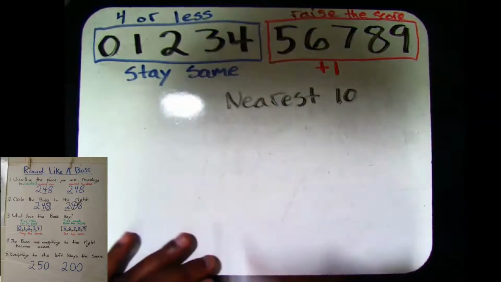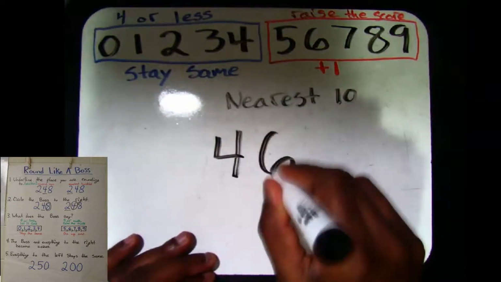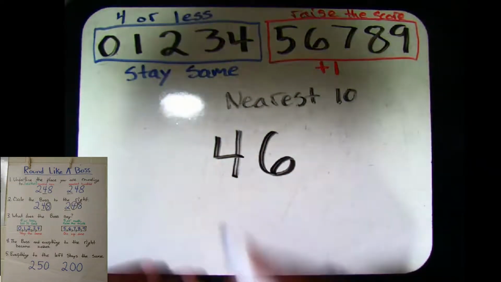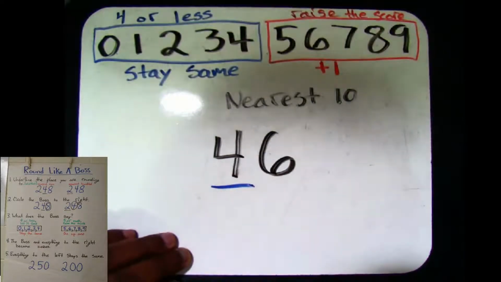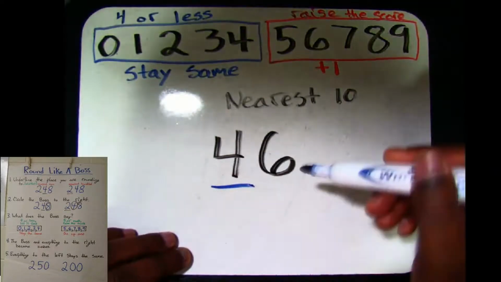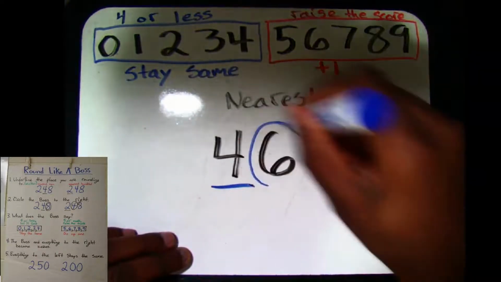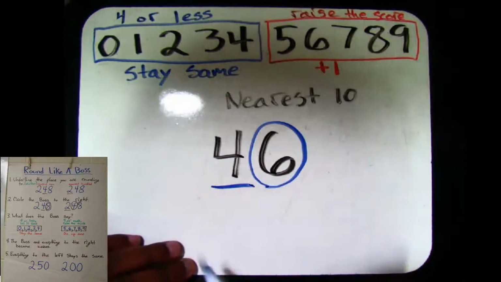So the first number that we're going to round is 46. When we look at the number 46, when rounding to the nearest 10, our worker, which is in the tens place, is the 4. And then the digit to the right is the boss, so we're going to circle them. And then we're going to see what the boss tells the worker to do.